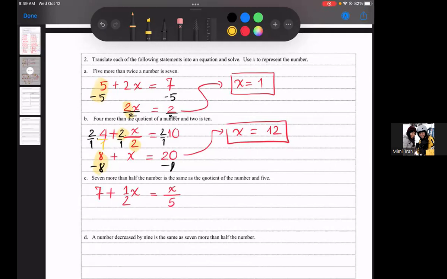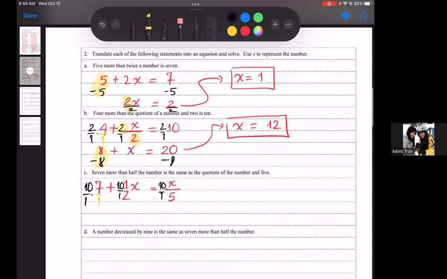LCD. 10. That means you multiply everybody by 10 over 1. 10 times 7 is 70. The 10 goes into the 2 5 times, so 5x equals. 10 goes into 5 2 times, so 2x. Subtract what? I'm going to subtract 2x.